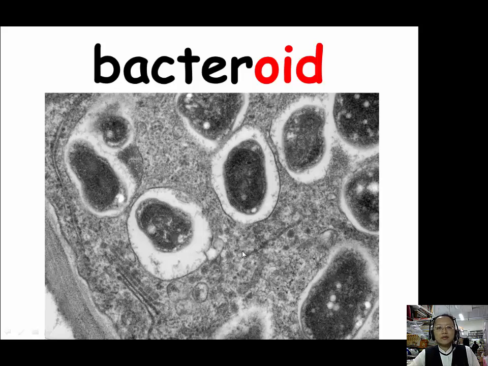When it lives inside the root nodule of beans, it takes this form. It is called a bacteroid. But bacteroid also has another meaning. Bacteroid can also refer to a bacterium of the species Bacteroides.